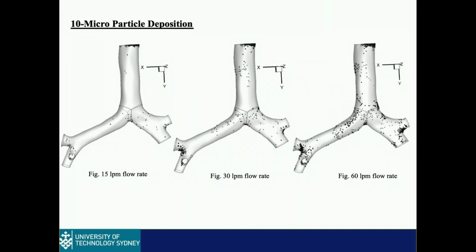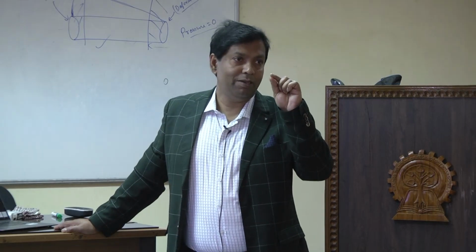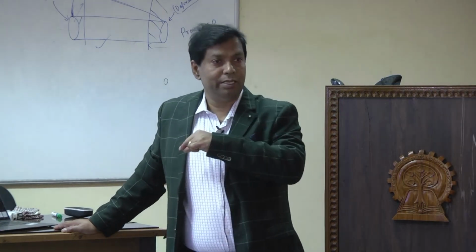Turbulent means it is going here and there, and once it touches the surface, it deposits. In Ansys Fluent, there is a boundary condition called the trap boundary condition. Trap means when the particles hit the wall, the particle disappears, and we record the coordinates of that point for post processing.